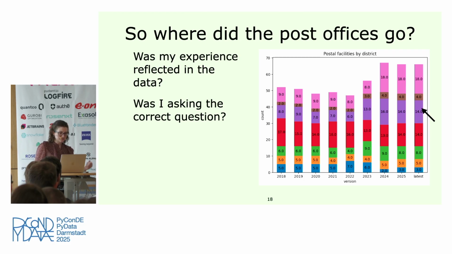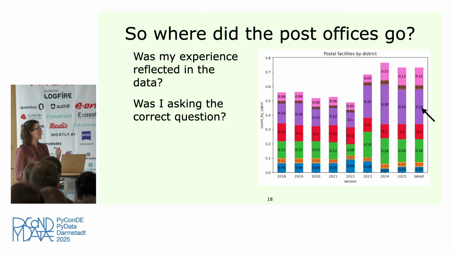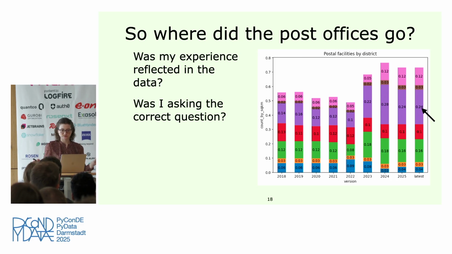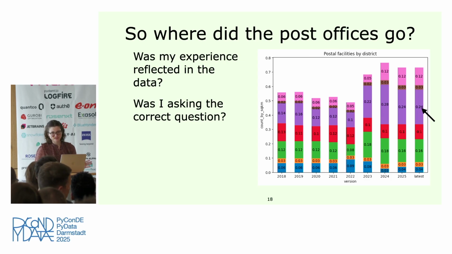Not so drastic, right? And especially in this blue district, we see that it's lost a lot of postal facilities. If we look at this by area, wow, my community is overserved, right? What am I complaining about? It has the smallest land area, so yeah, not really.